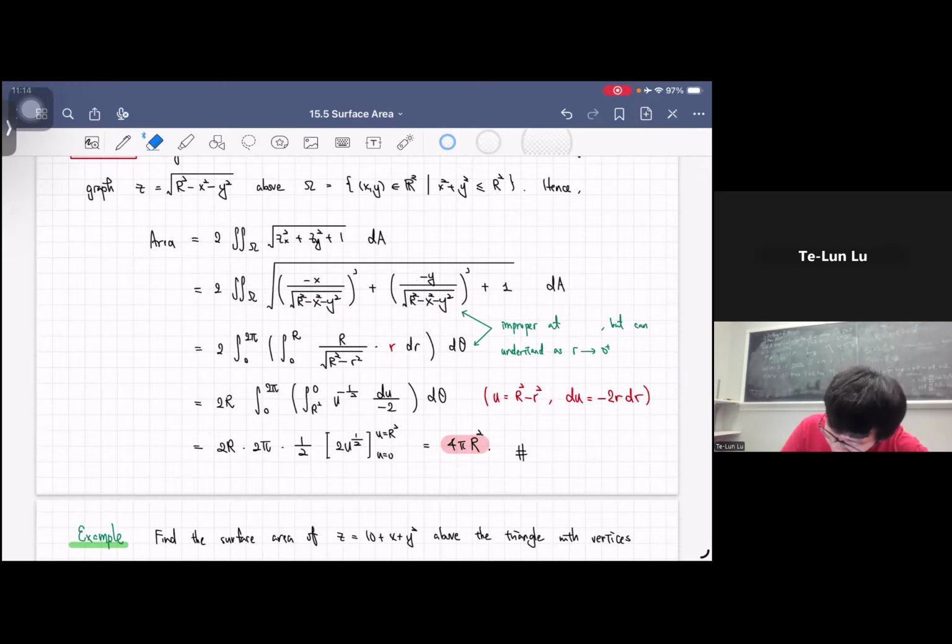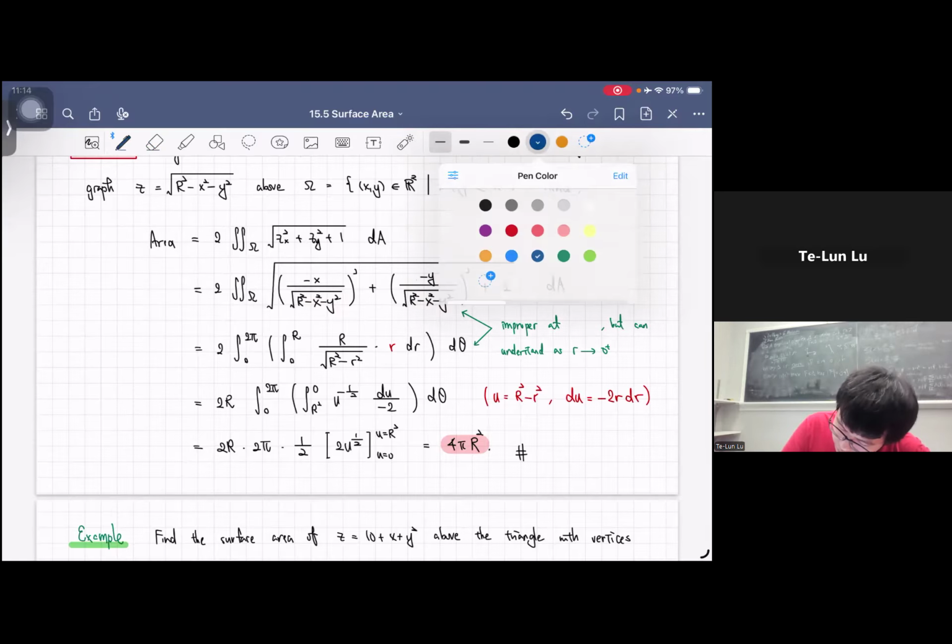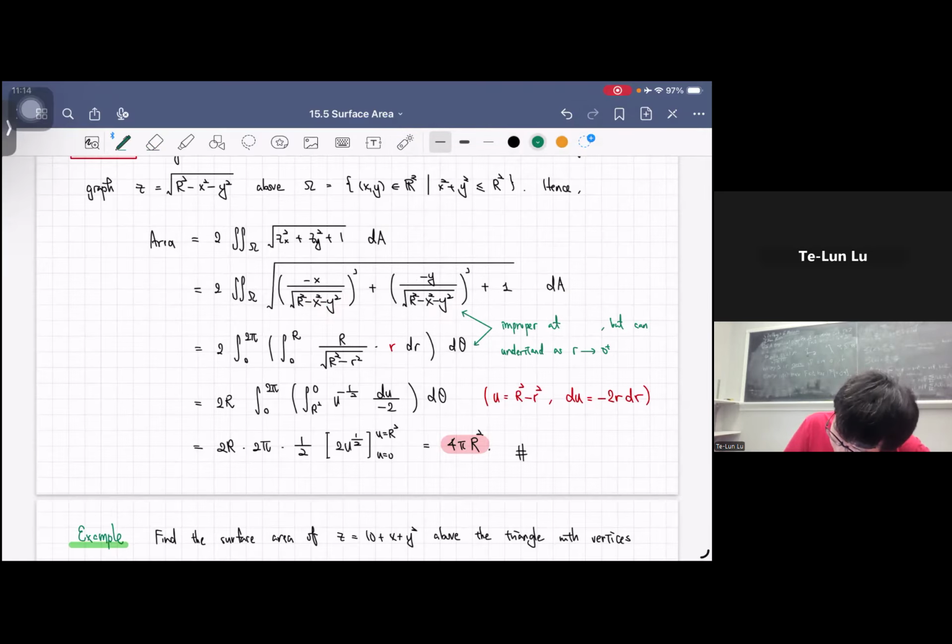It is not really defined when the radius is R at the boundary. So let me make that precise. Okay. So you can see that when x squared plus y squared is R squared, this guy is not really defined, but it is still okay because you can regard this integral as if we're integrating everything below r and then we push the limit towards capital R.